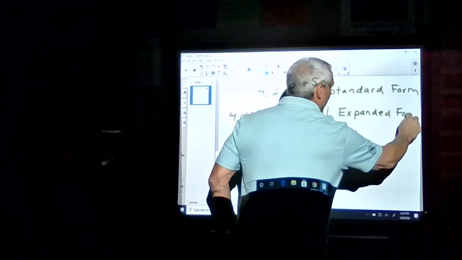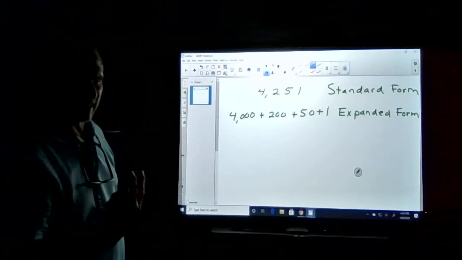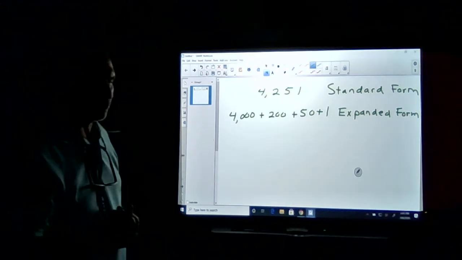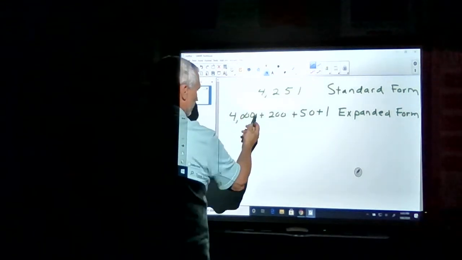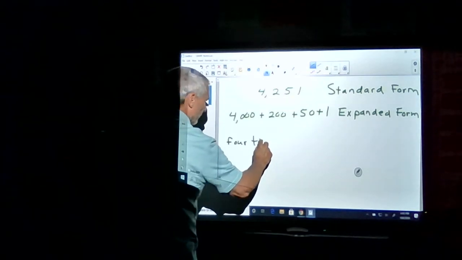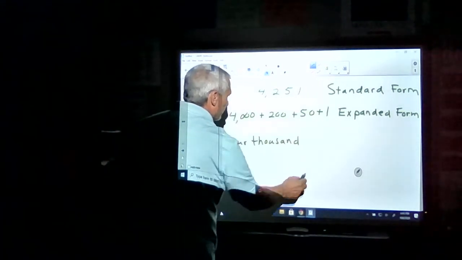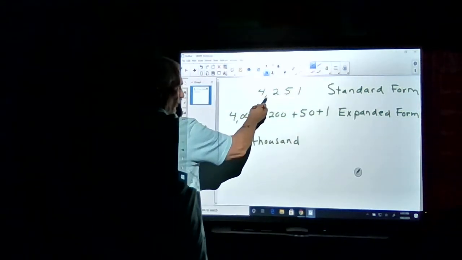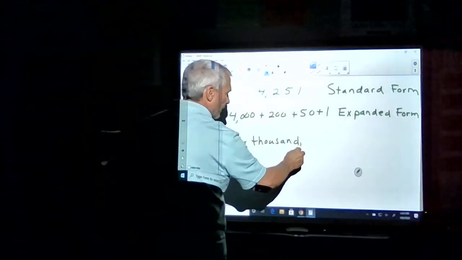And the last one is written form. We have to write words. This takes a little bit of writing, but we won't do too many of them. So we're going to write the words for 4,000. And after 1,000, when we say 1,000, we write a comma. 4,000, comma.